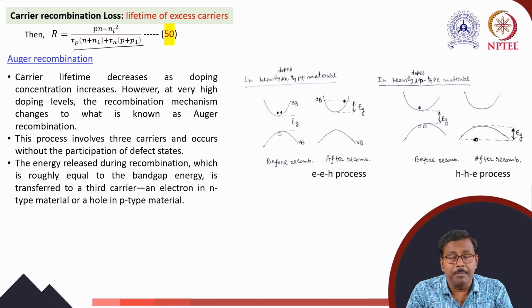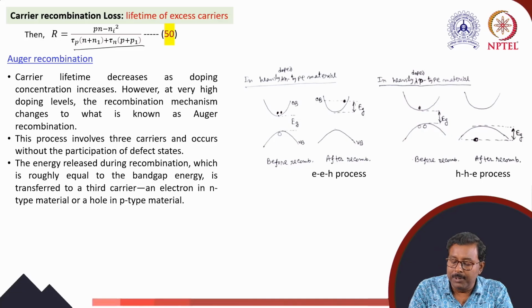This is a 3-carrier process. 3-carrier process means if an electron recombines with a hole, there is a release of energy, and that released energy may be absorbed by a third electron to transit to a higher state.